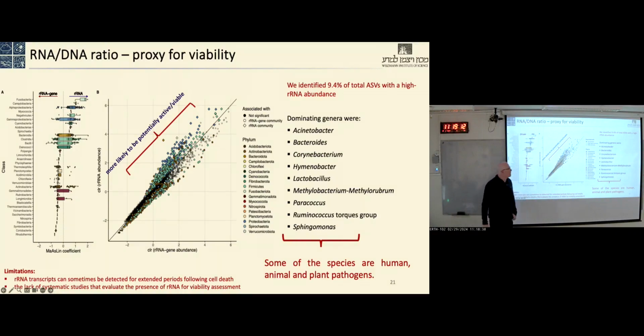And now we need more studies to try to identify or isolate these species from the entire population and grow them and see if they are indeed alive. And as I said, some of these potentially viable species are pathogens or belong to families of pathogens for animals, agriculture, and humans.